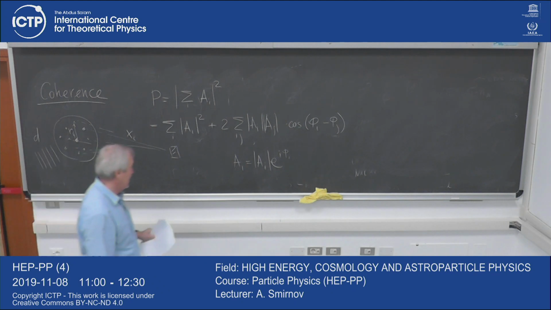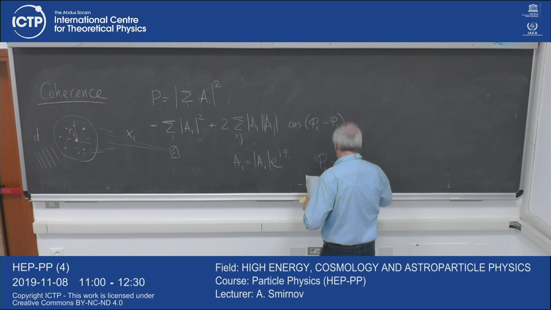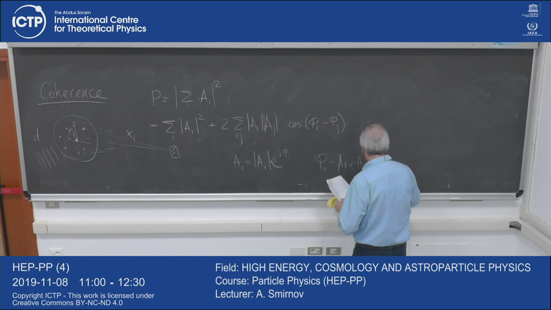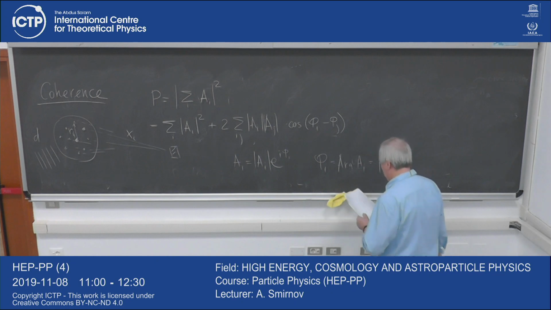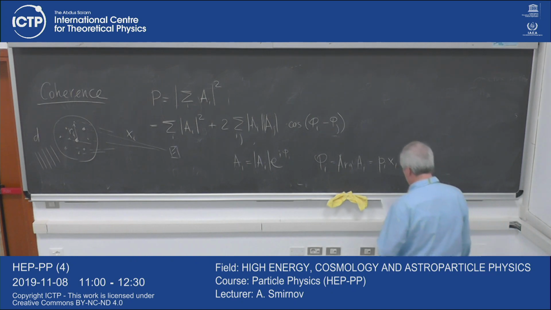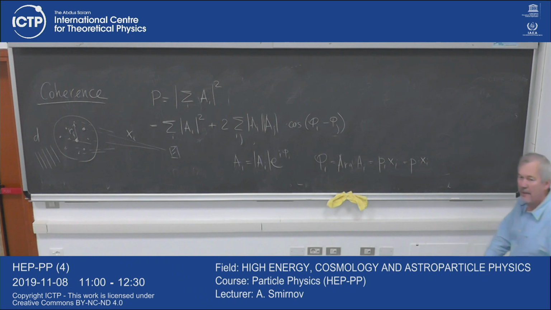Then the phase, which is the argument of the amplitude, is given by momentum times x. And let me consider that the momentum is the same for all the scatterers. Then it will be given just by p times x_i. Okay?